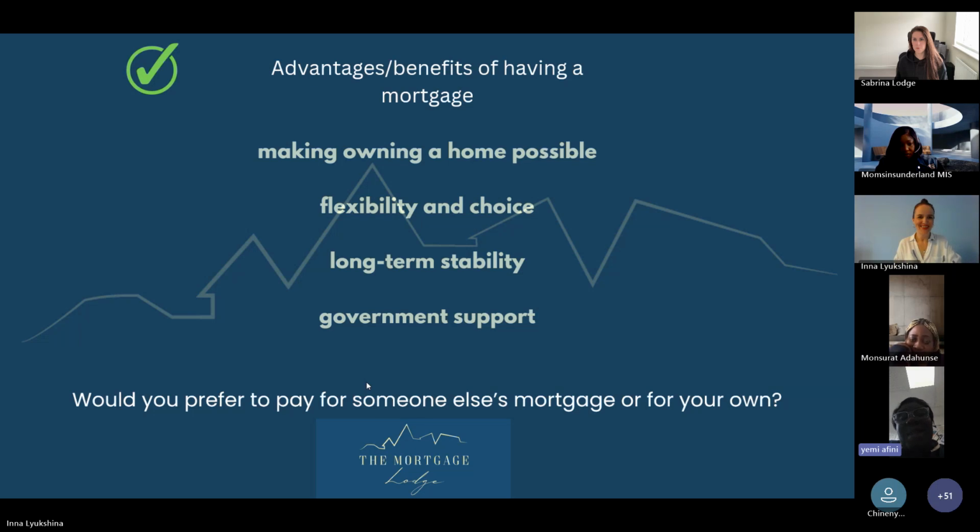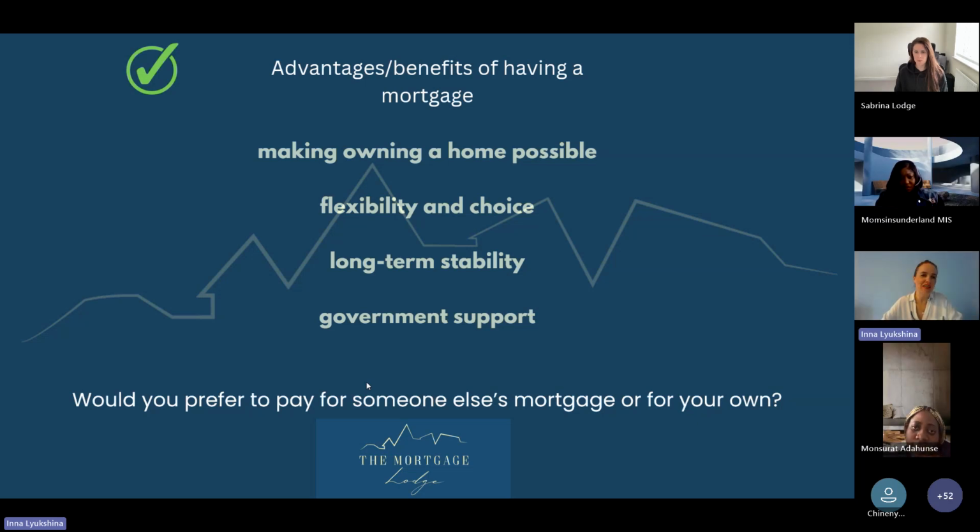Some people say it's better to buy as a single person than as a couple. Is that correct? Like when you're buying your first home, you should buy it in one person's name rather than as a couple. Is that correct? Not necessarily. It depends on the context. Why would somebody say that it's better to buy in a single name rather than in a joint name?